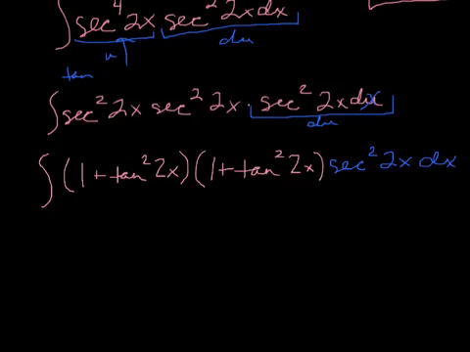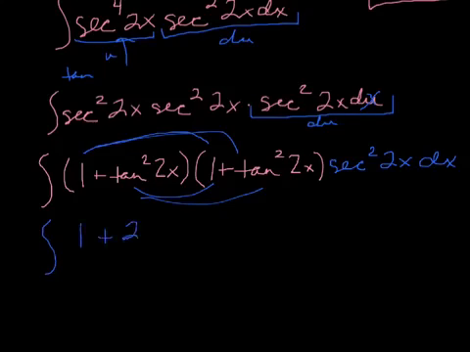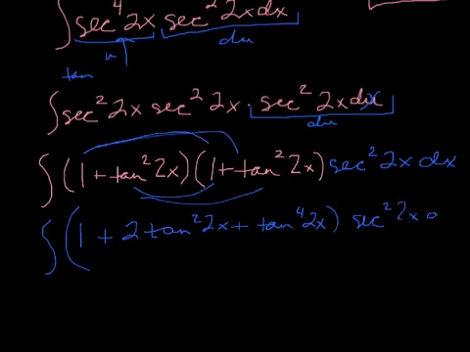All right. Do your FOIL. 1 plus 2 tangent squared 2x plus tangent to the 4th 2x. And all of that is times my little secant squared 2x dx, which I'm calling the derivative. Okay, so you're ready for u substitution.